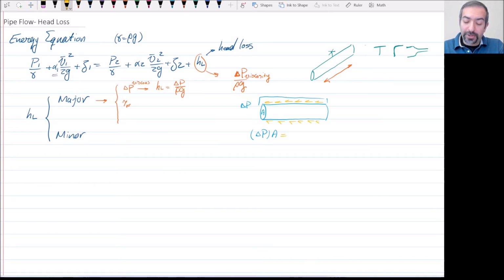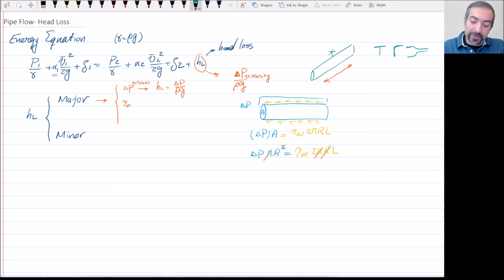Now, for the shear stress, we assume there's an average shear stress called tau W, and the total area is 2 pi r times the length of the pipe. So delta P times A, where A is pi r squared, has to be equal to tau W times 2 pi r times L. I cancel pi with pi and one of the r's with this r.